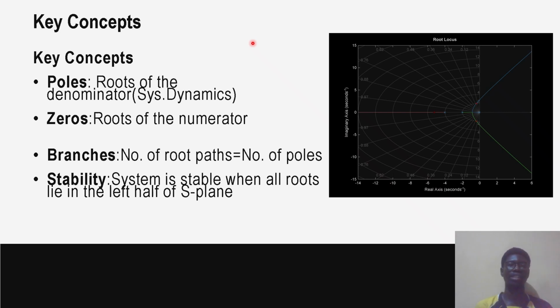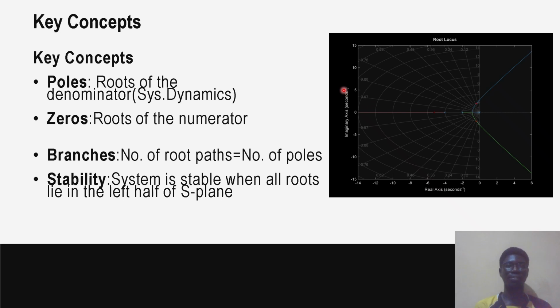Using the S-plane, we can see that the horizontal axis represents the real part and the vertical axis represents the imaginary part. Also, to talk about stability, a system is stable when all the roots lie in the left half of the S-plane.